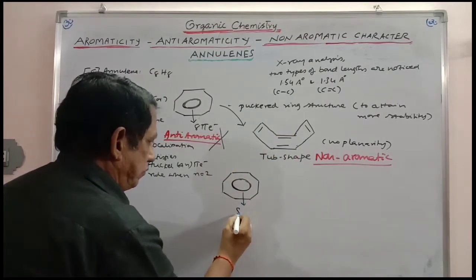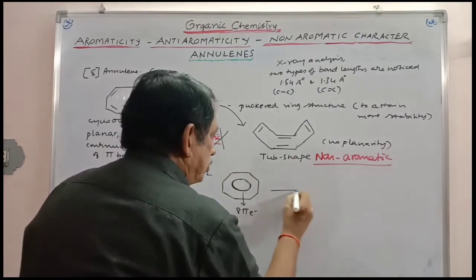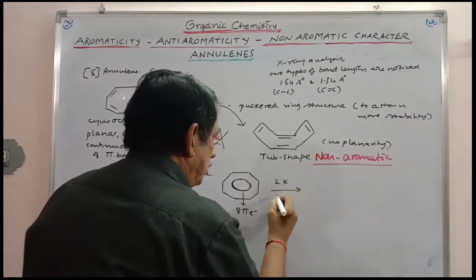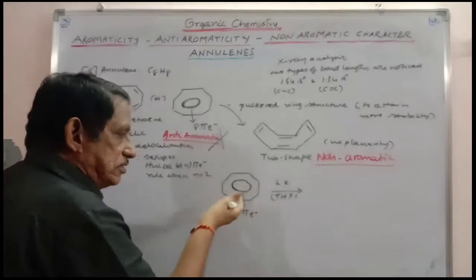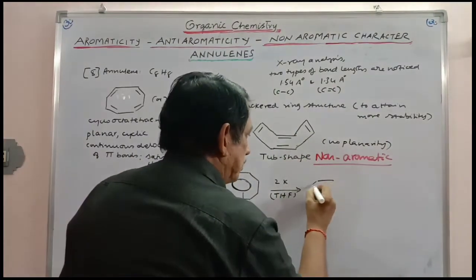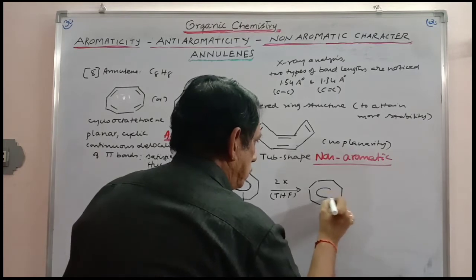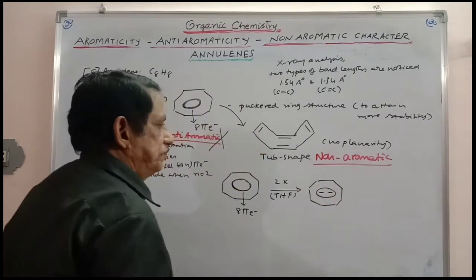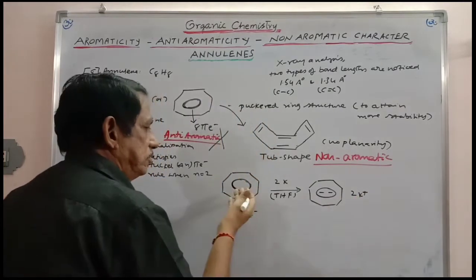This is having 8 pi electrons. When it is treated with potassium in tetrahydrofuran, the solvent, 2 electrons will be received by each, hydrogen gas will be liberated there, and it will be converted into dianion. 2K remains here, 2K plus potassium salt of this compound.